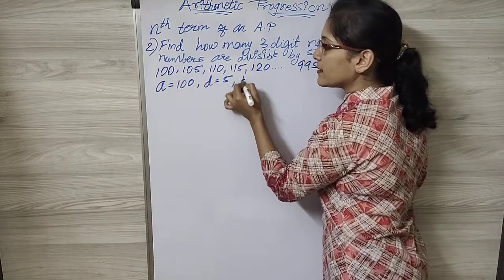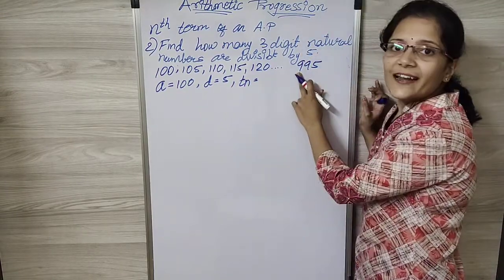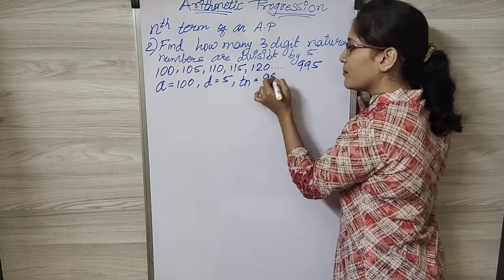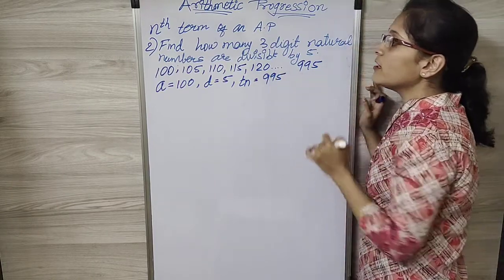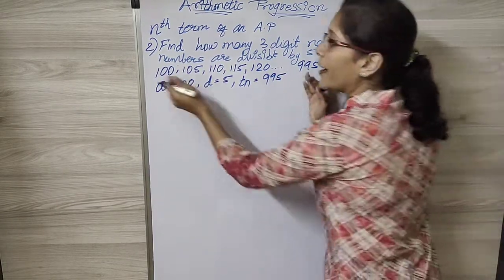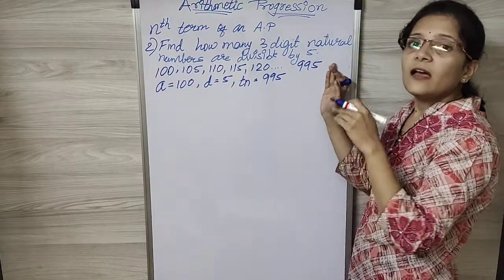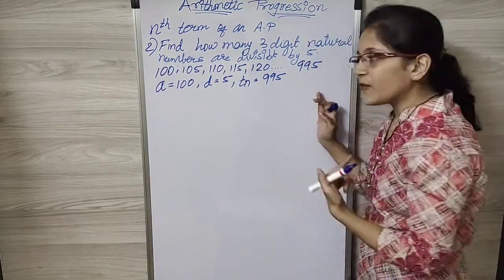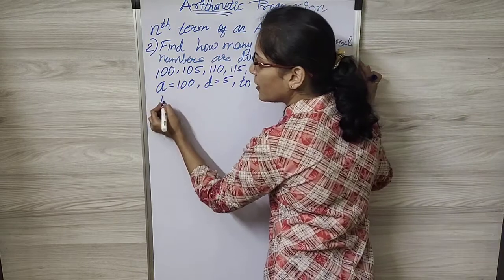Now what is Tn? Tn is equal to 995, because I want to find how many numbers from 100 to 995 are divisible by 5, right? So now what is our formula?